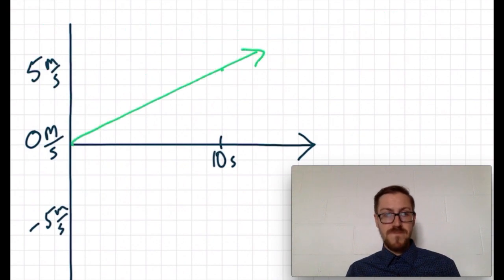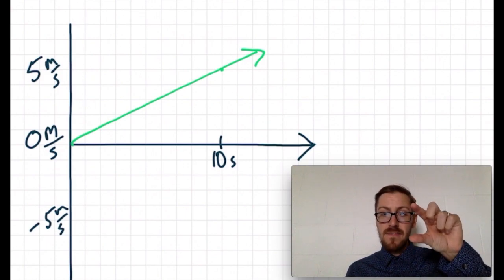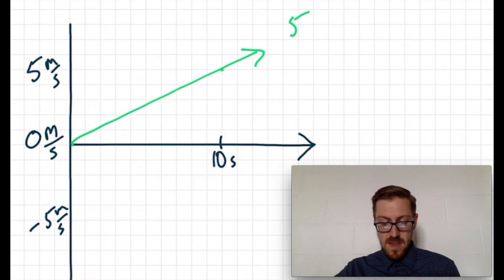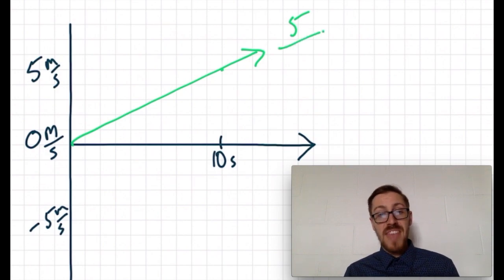Let's look at another one. This one starts from 0 and goes up to 5 at 10 seconds. So our rise is 5. 5 minus 0 is 5. It's gained 5. So the rise is 5 over the run of 10 seconds.